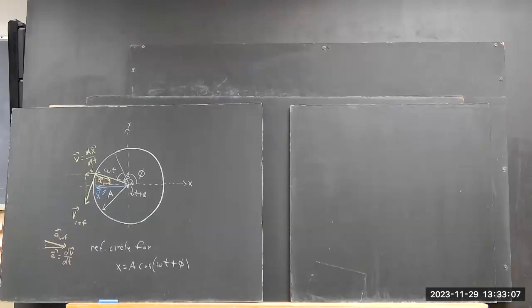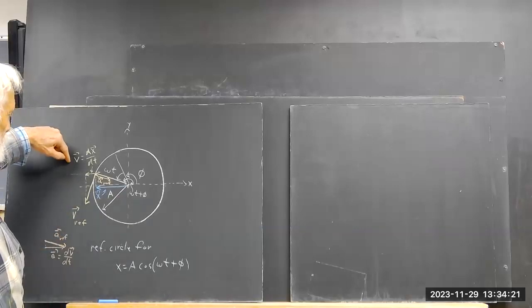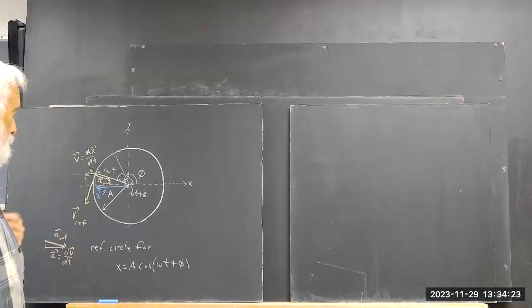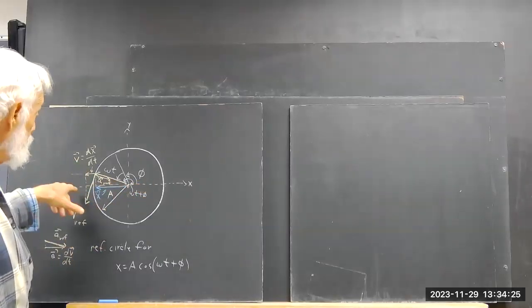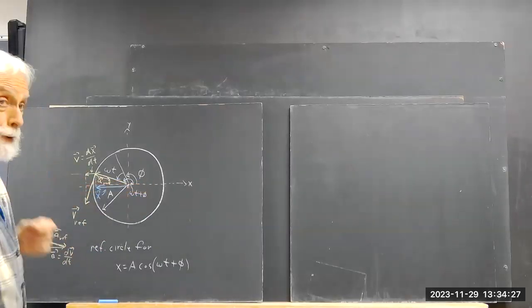What location on the circle is the x component of the reference circle velocity zero? Okay, so my question was, at what points on the circle would the horizontal component of this velocity be zero? I got a pretty quick answer, anywhere where you hit the x-axis.